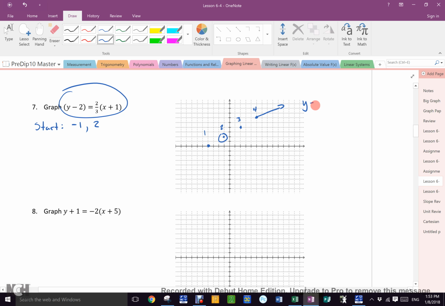Y minus 6 equals 2/3. Y minus 7... equals 2/3 X minus... whatever numbers are. X minus 5. Got it. What would this one be?